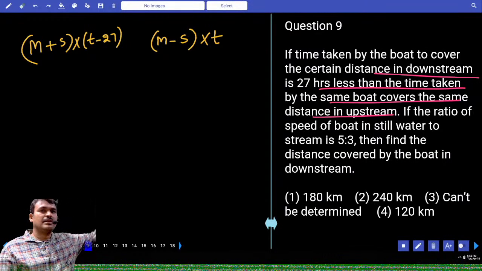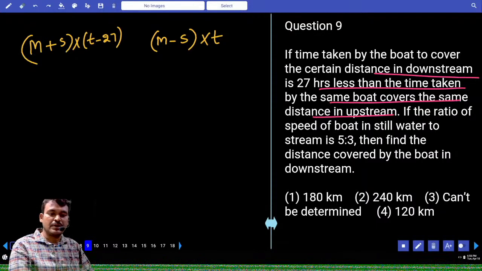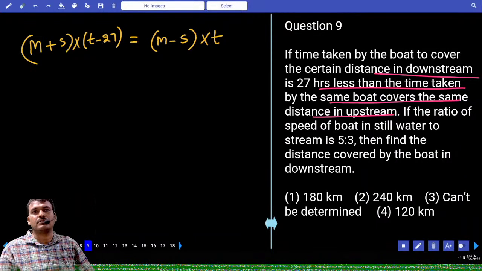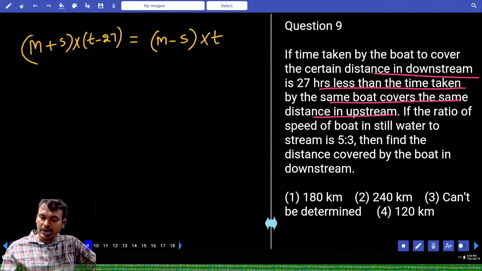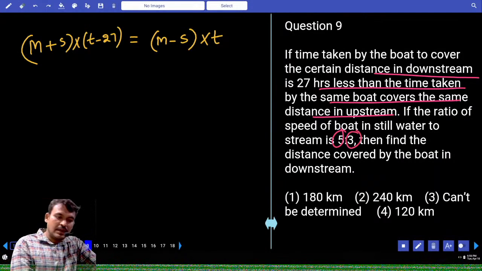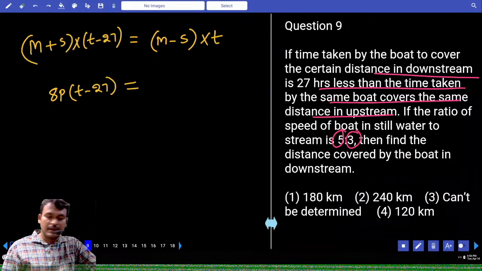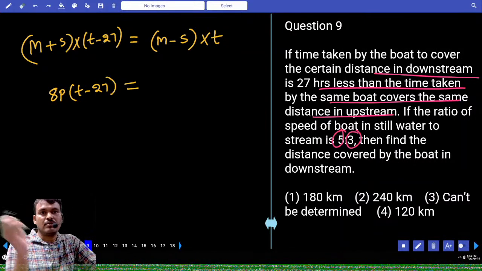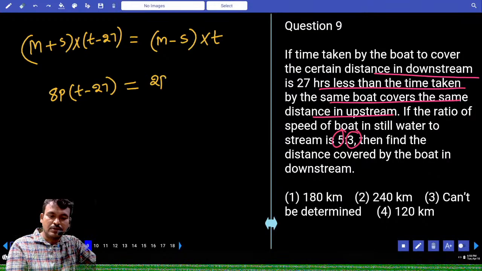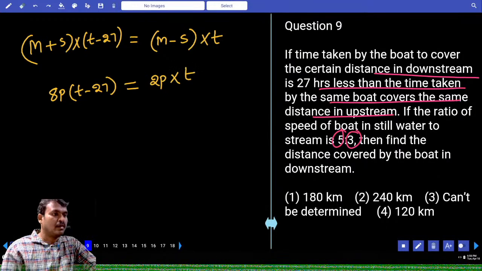Left hand side speed into time, right hand side also speed into time, with equal distance. M is 5 parts and S is 3 parts. Then left hand side is 8 parts into T minus 27 hours, right hand side is 5 minus 3, that is 2 parts into T hours.